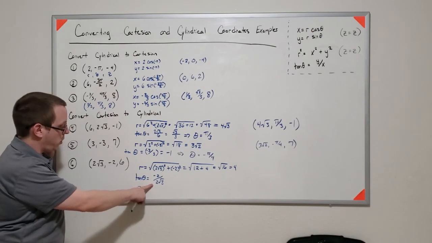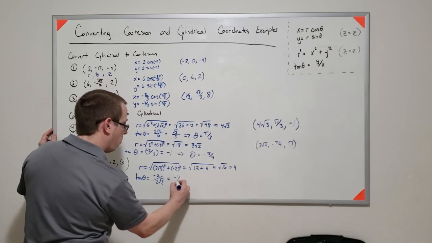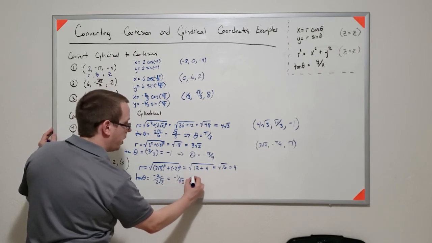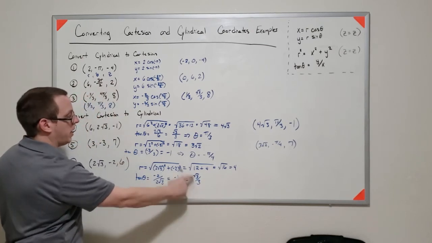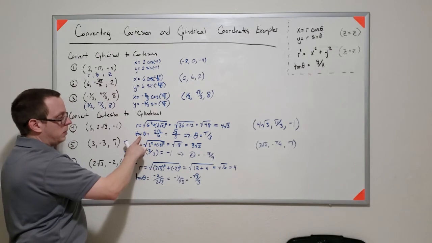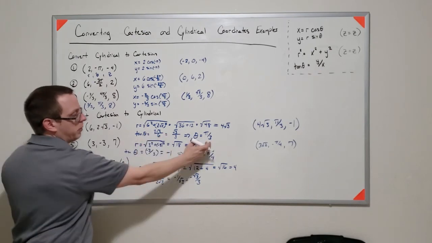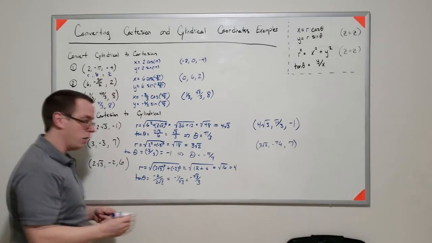So -2 over 2 square root of 3 is -1 over square root of 3, which is negative square root of 3 over 3. And the only reason I use that is because we already saw that here. So if this relationship gives me pi over 3, this relationship should give me negative pi over 3.